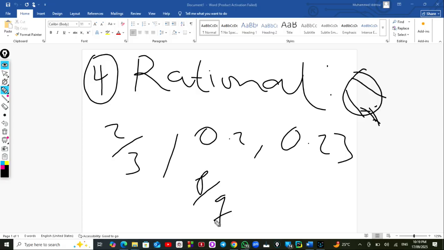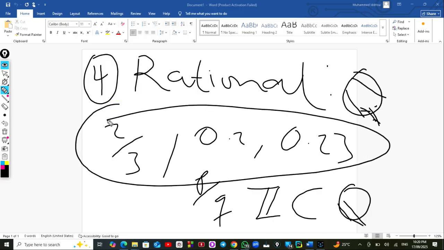So that means that our set of integers is a subset of the set of rational numbers. Is that okay? Because it contains fractions and decimals in addition to the integers that we have.